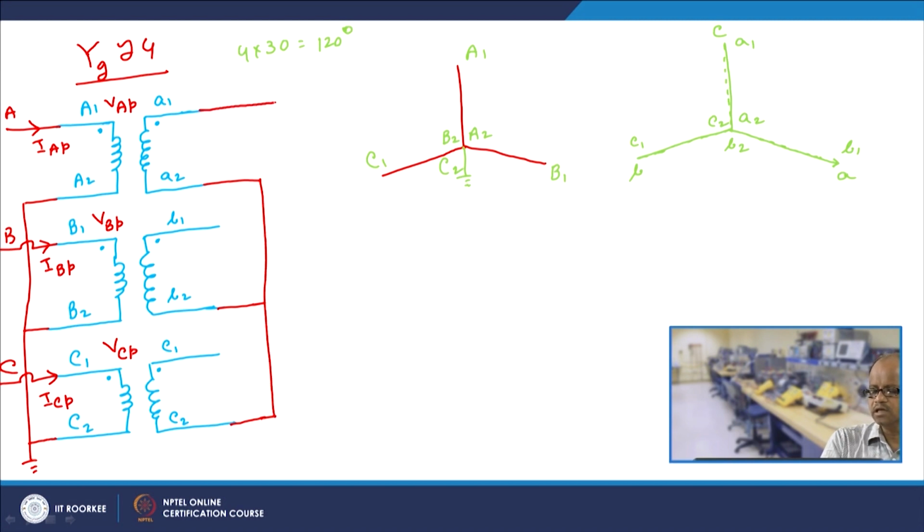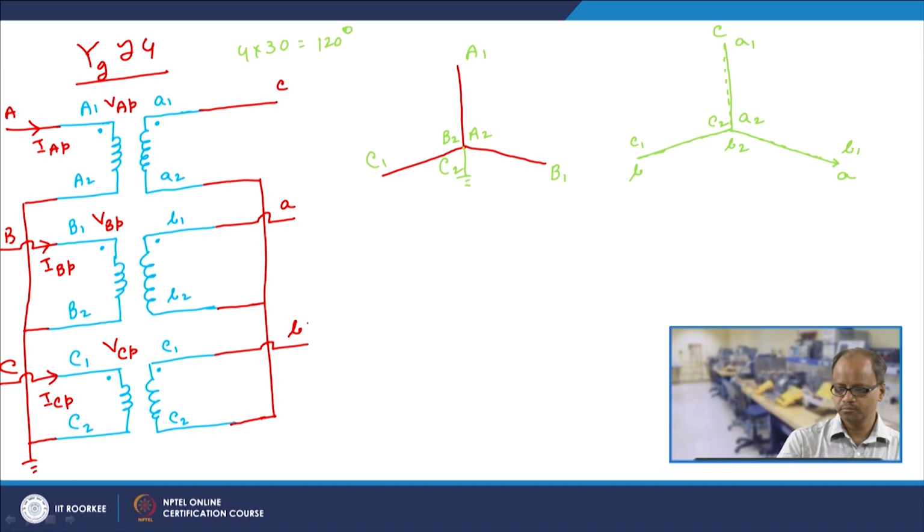A1 is now actually denoted as phase C, B1 is now actually denoted as phase A, and C1 is denoted as phase B, right. So A1 terminal would be denoted as phase C, B1 terminal should be denoted as phase A, and C1 terminal would be denoted as phase B.